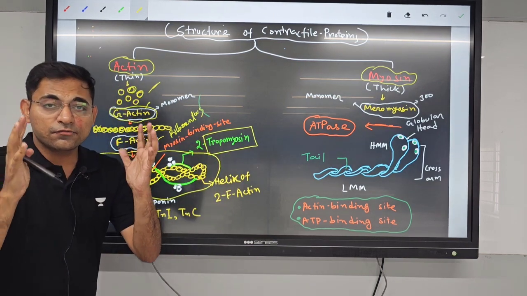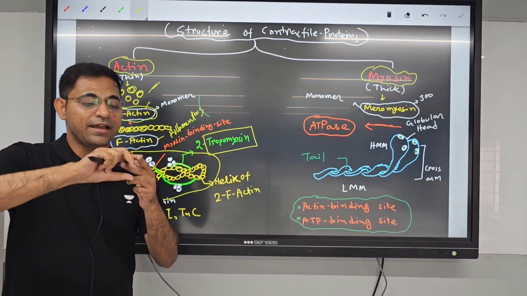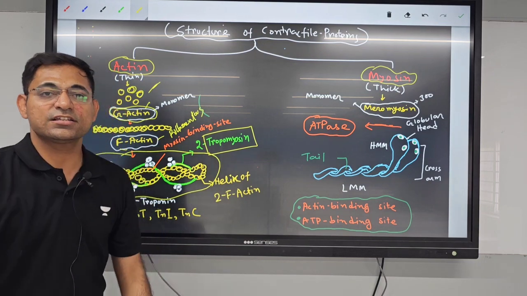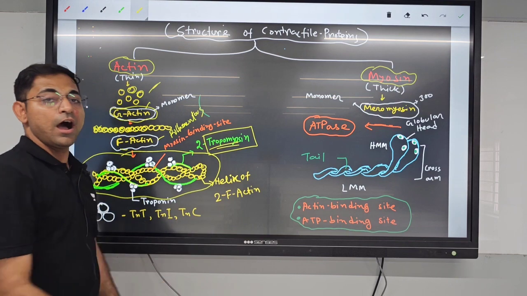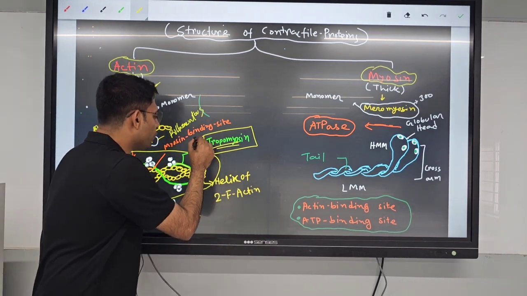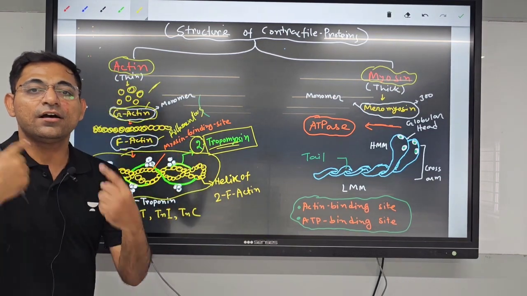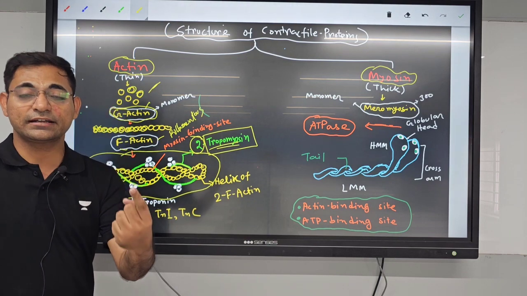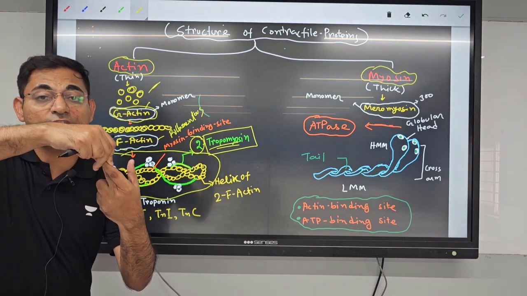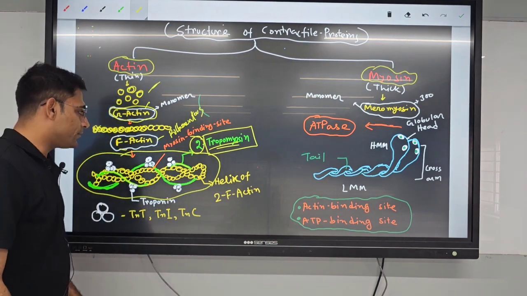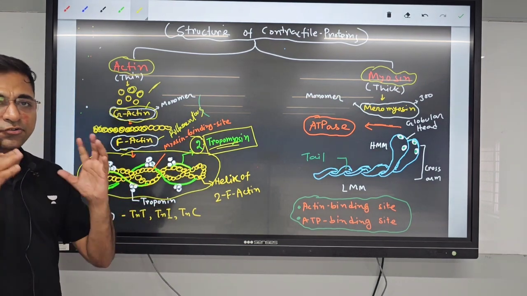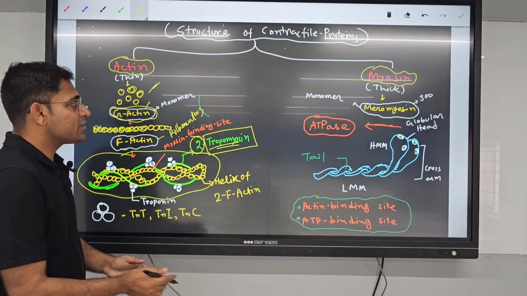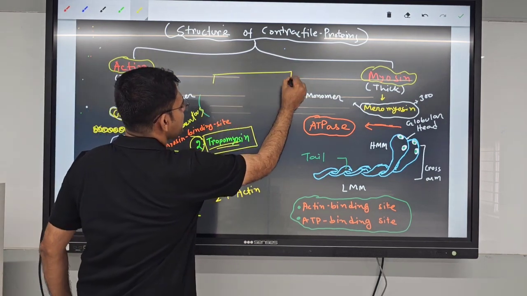This filamentous actin helix is wrapped by another filament called tropomyosin. How many tropomyosins are there? Two tropomyosins wrap one filamentous actin, meaning the double helix of one filamentous actin. Now, what is the function of tropomyosin? The tropomyosin is blocking the active sites of the actin.